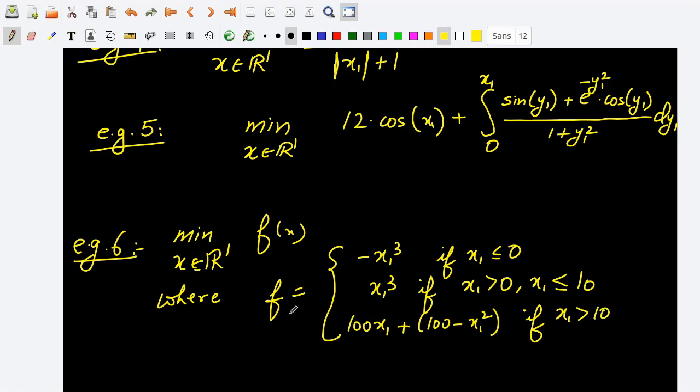So f is not just a simple function consisting of sums of simple functions, but it is actually a combination of 3 or 4 or maybe more functions. So again, depending on where x1 is, we may have to evaluate different smaller functions to find the value of f.